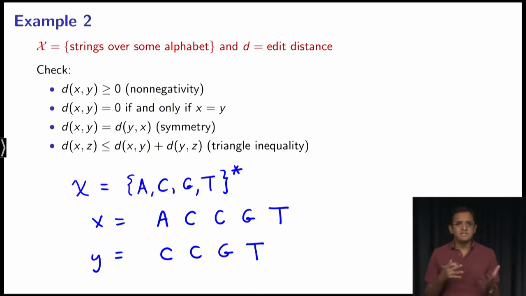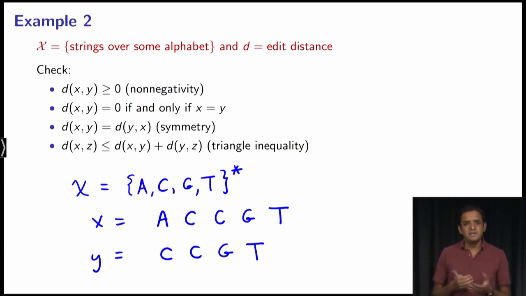And now we want a distance function. What is the distance between x and y? Now, there are many ways in which we can define this, but from the biologist's point of view, they will look at these two and say, well, actually these are very similar because you can get from x to y by just deleting a. If you were to remove a, they'd become the same. Or equivalently, if you were to take y and just insert an a at the beginning, you would get x.